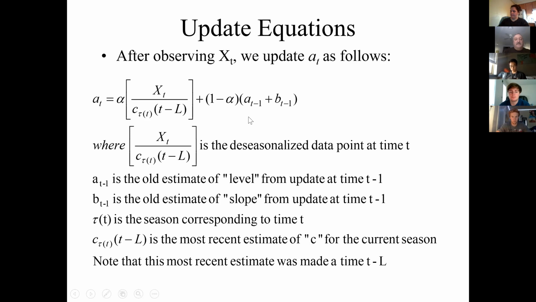And then if you think about the trend, if the level of the time series one period ago was a of t minus 1, and if the slope is b, then we would expect that the new level of the series would go up by 1 times the slope, right? So our updated level based on the previous forecast would be the previous a of t minus 1, plus 1 slope.